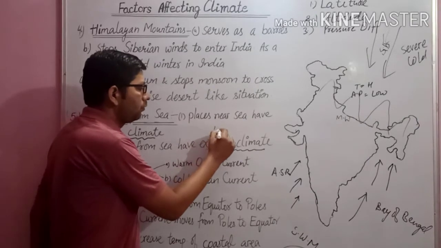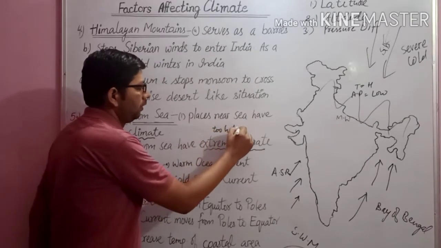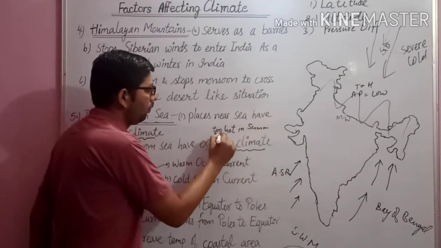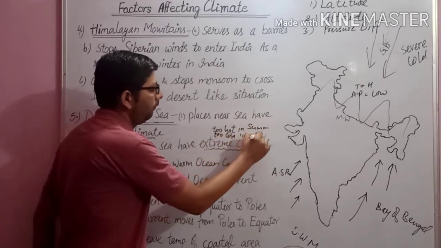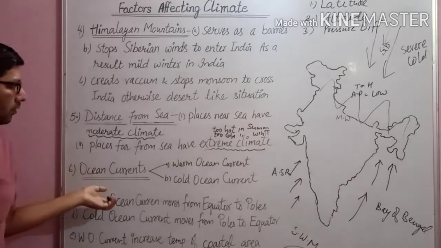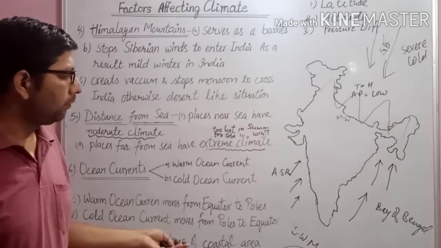Extreme climate means too hot in summer and too cold in winter. So that is the extreme kind of climate due to the existence of the sea near any particular place.